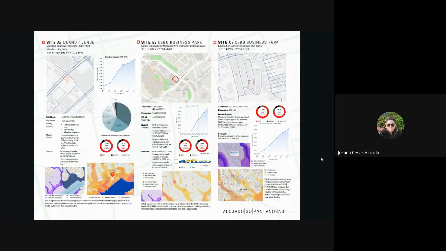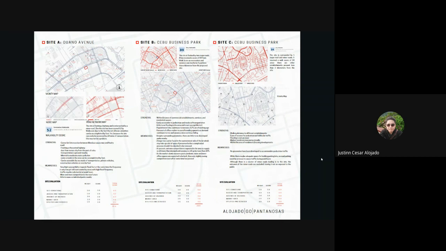For the next part, the sites. Presented on this page are the sites necessary to create the strengths and weaknesses. Since we don't have time, we will be skipping this and heading to the summary. For the strengths and weaknesses of Site A, it is a corner lot at the intersection of Mandaue and Realty Road. It is fronting a central highway, which means it has access to transportation.